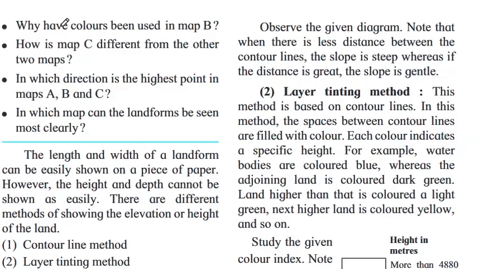Why have colors been used in map B? How is map C different from the other two maps? In which direction is the highest point in map A, B, and C? In which map can the landform be seen most clearly?